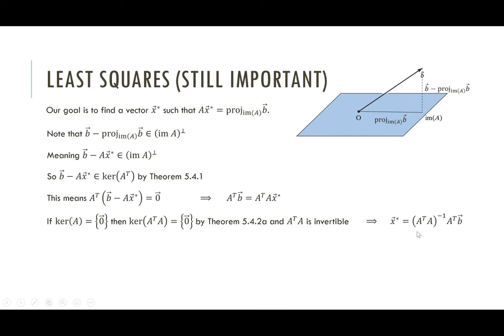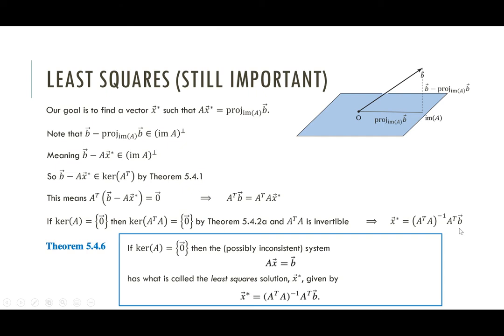But this is just straightforward computation. So we get this theorem. If the kernel of a matrix A is equal to 0, then the possibly inconsistent system, AX equals B, has what's called the least squares solution, X star, and you can compute X star using this formula.